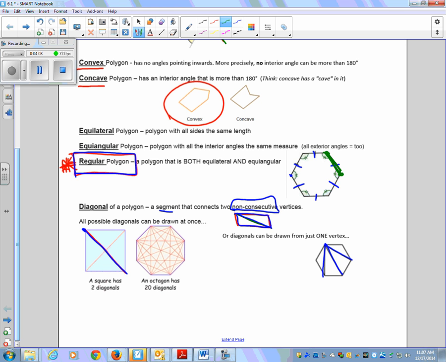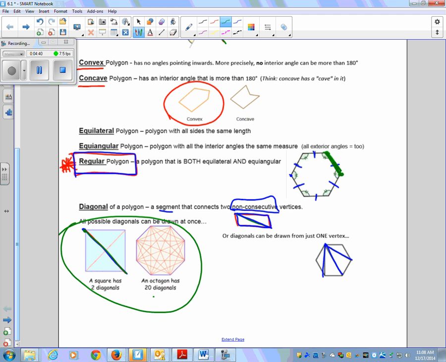So if you draw a segment between 2 consecutive vertices, is that a diagonal? No, that's just the side. So diagonals are the non-consecutive vertices. You go from one vertex to another that's not right next to it. In these 2 scenarios, both of these, this quadrilateral square and this octagon, have all possible diagonals drawn. Look, the octagon has 20 diagonals, okay?